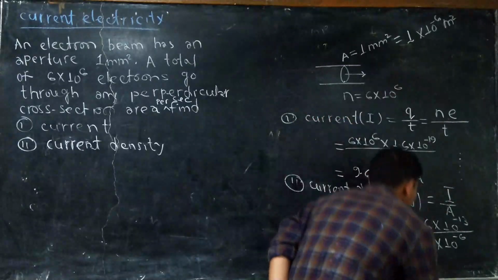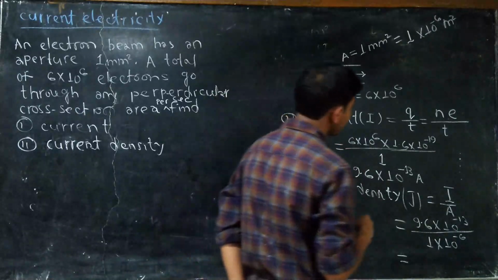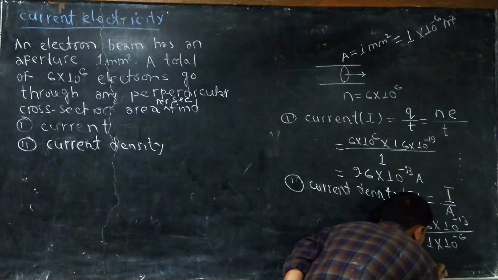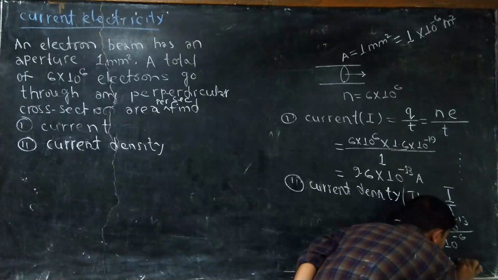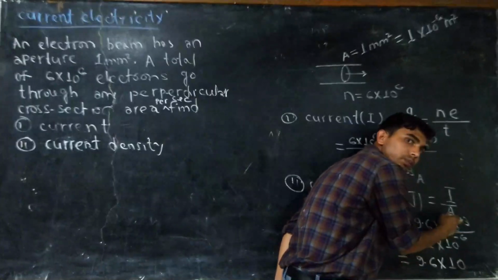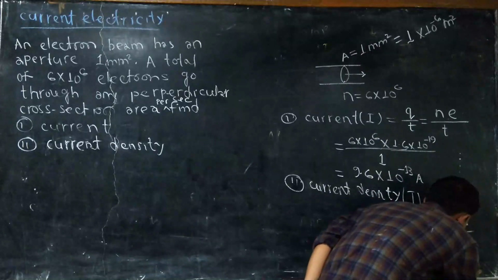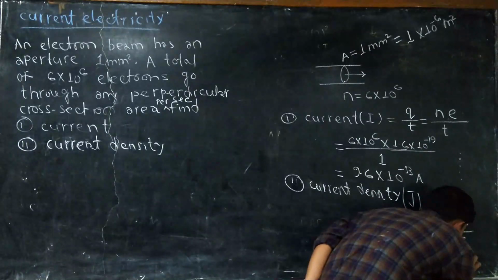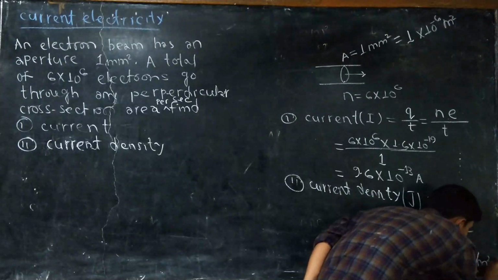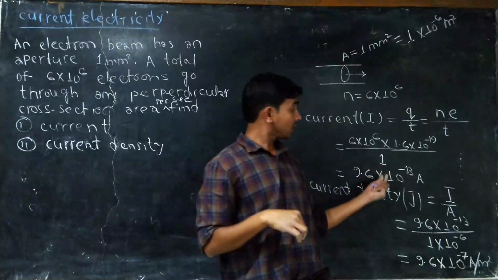If you solve it, the 6 goes up so it becomes plus, and the answer will be 9.6 into 10 to the power minus 7, and the unit will be ampere per meter square. So your current density is this much, and your current is this much.